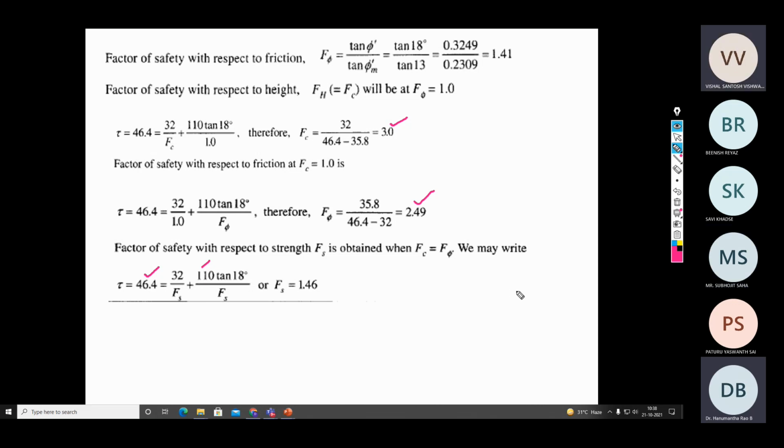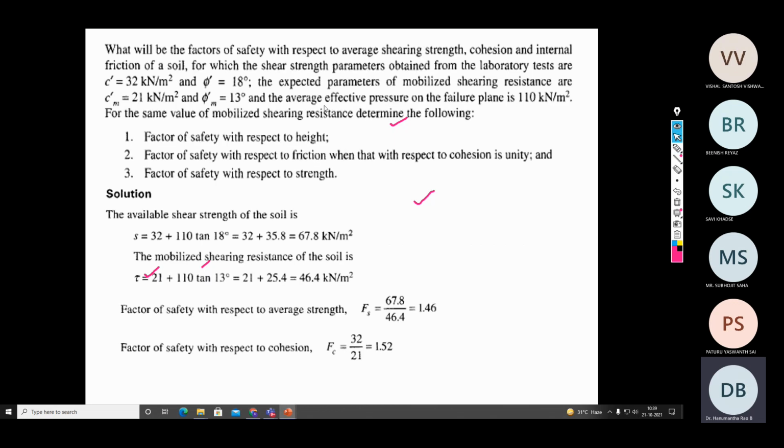But sir, where is the factor of safety with respect to height? There is no factor of safety with respect to height because no height has been given. Okay, but from the calculations, for example in the above three calculations, you need to see which condition is more critical.